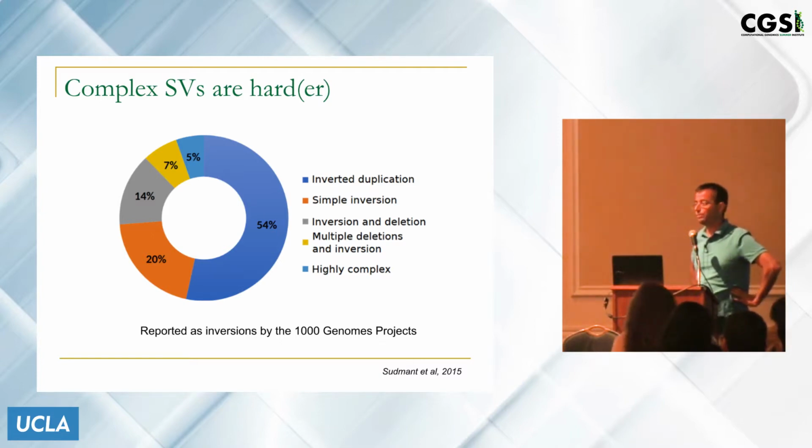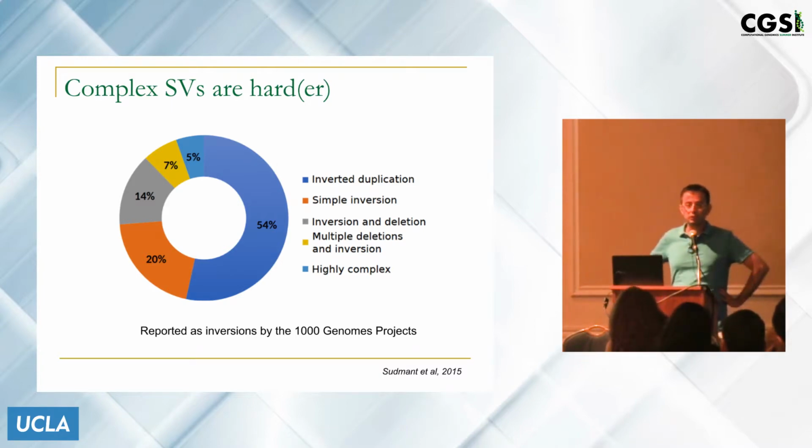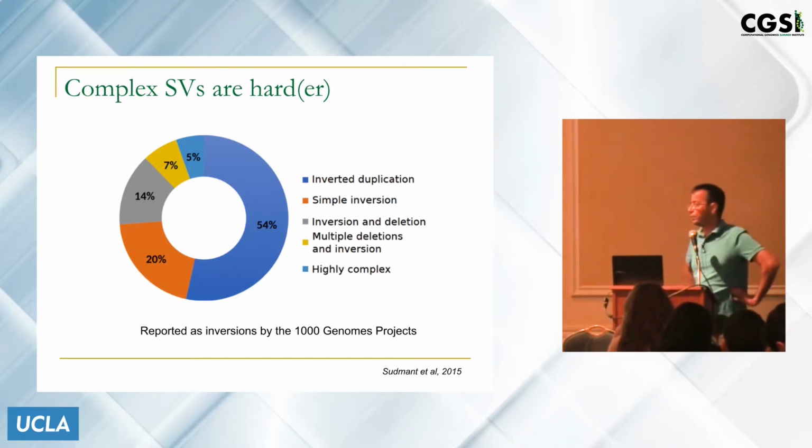So they are more complex. 54% are actually inverted duplications. I'm going to show you why this happens. 7% had multiple deletions and inversions at the same place. 5% had a lot of variants occurring in the same place, and 14% were inversions and deletions happening together.